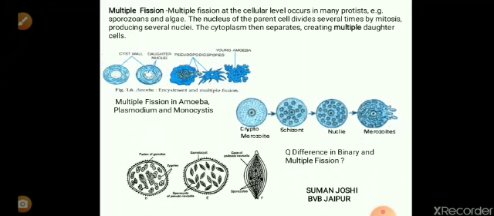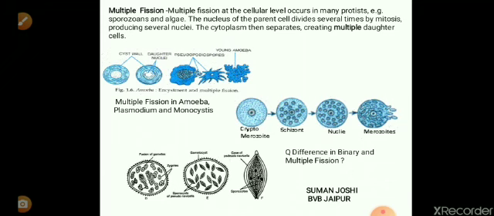Multiple fission, another example, Plasmodium. Here you can see the different stages of Plasmodium, that is the cryptomerozoite, which undergoes multiple division in the schizont form. Multiple division occurs in the nucleus and many nuclei are formed, and then the merozoite stage, where the daughter nuclei come out and form so many Plasmodium.